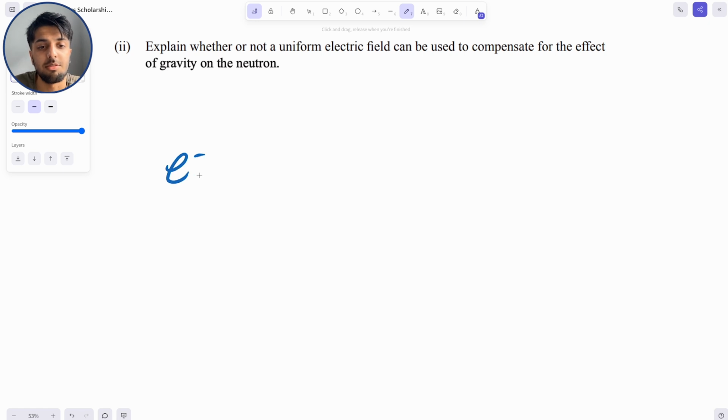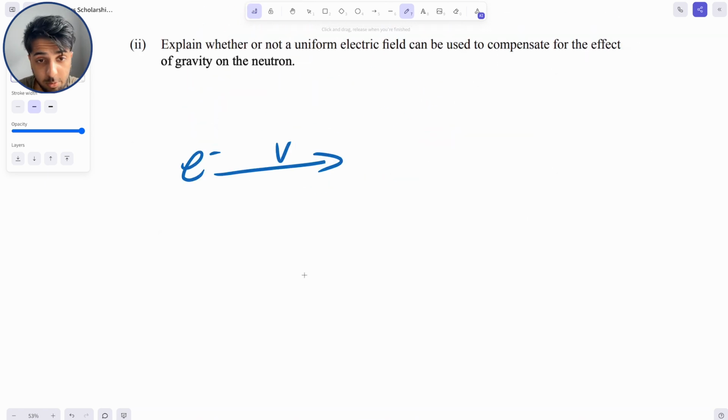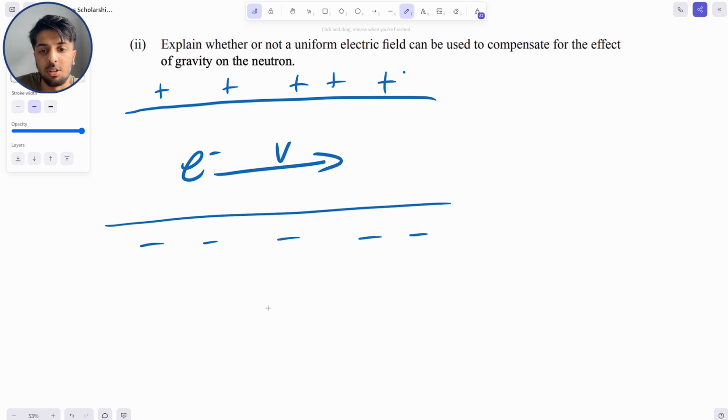So if we have an electron and it's moving this way at a velocity v, because electrons have mass, it will be affected by gravity and the path it will take will be that of a projectile, just like above here. But we can use an electric field to compensate for this. So a correctly calibrated electric field, we can have a positive charge up here, and we could have a negative charge over here.